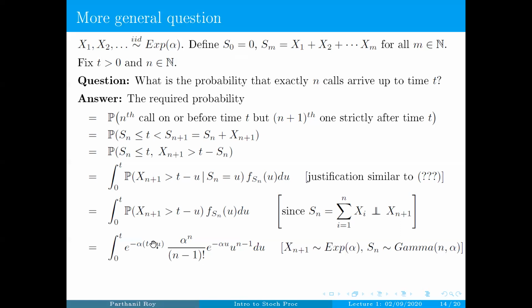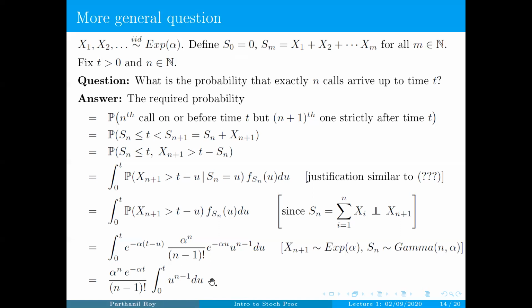You will see that this integral is actually just integrating this part. That's because this multiplied by this would become e power minus alpha t, and this integral is over u, so that will come outside. Okay, so e power minus alpha t will come outside, and so will the other constants like alpha power n divided by (n minus 1) factorial. Okay, so everything comes outside. This is just a constant in this integral. There's no u in it. The only integral will be from 0 to t of u power n minus 1 du.